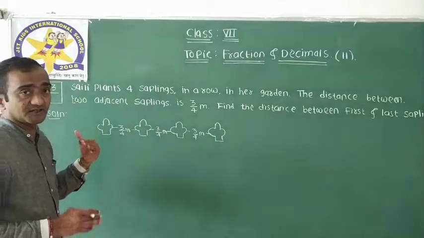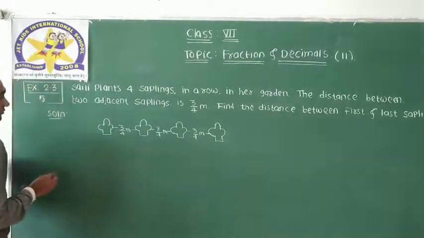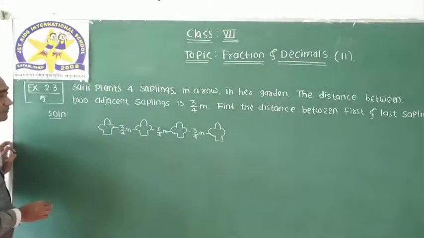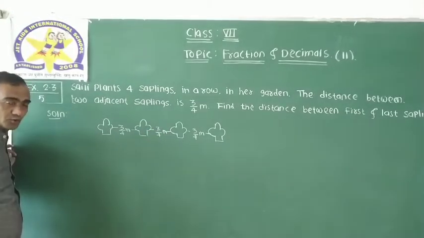First of all, we represent what is given. Now, first of all, we draw the figure of these 4 saplings in a row.